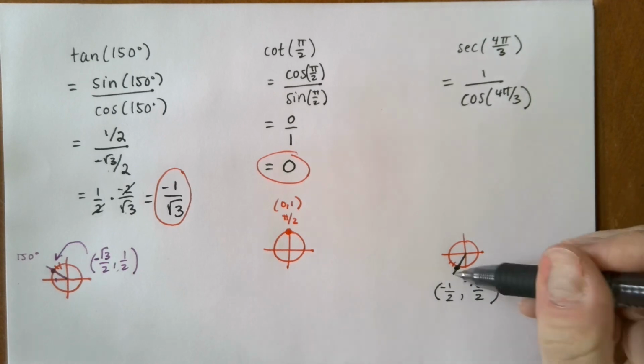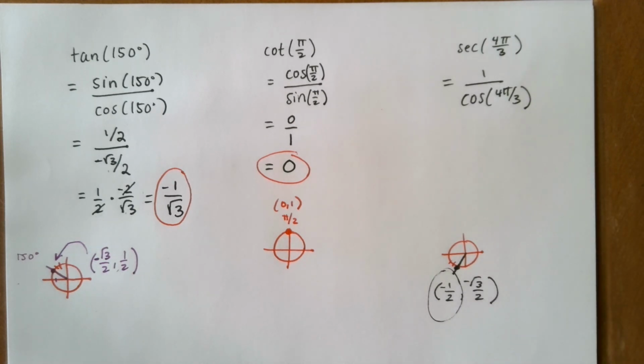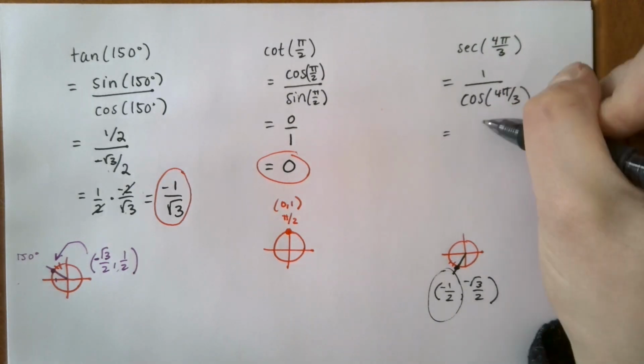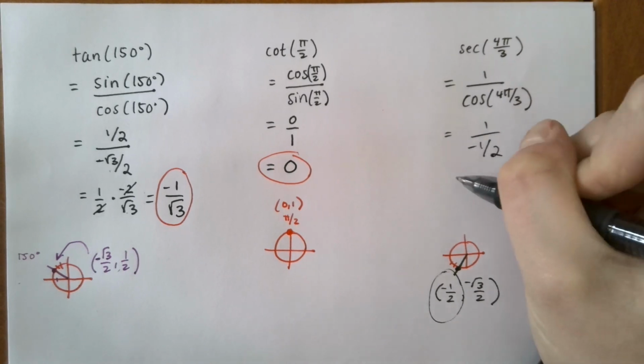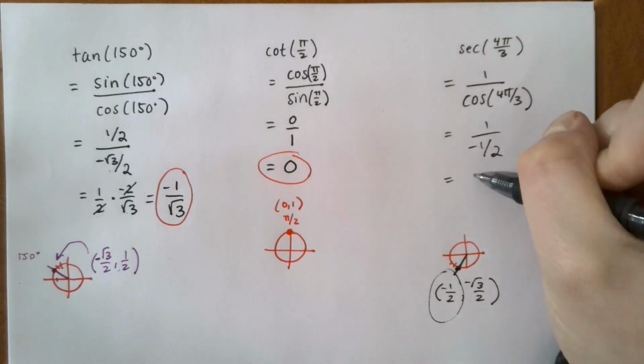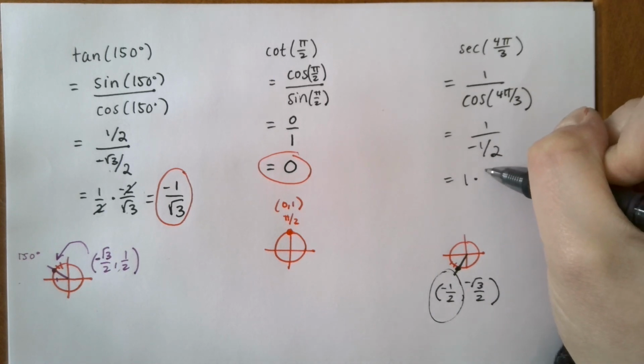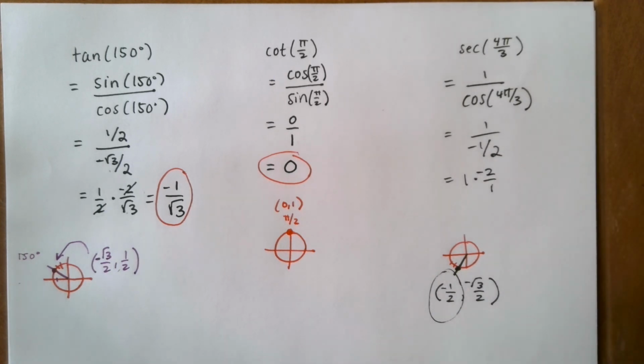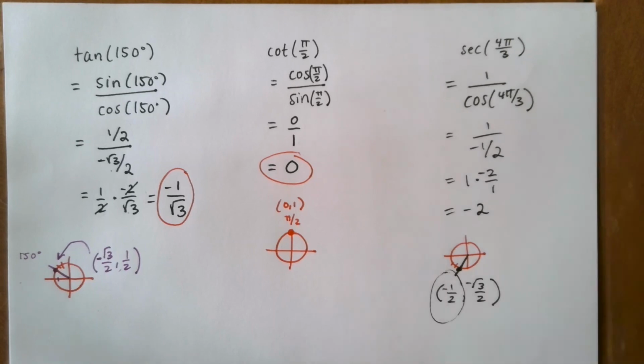So what I really needed was the cosine, so it's just that negative 1/2 that I really care about. That's what I'm going to plug in over here. So 1 divided by negative 1/2 is the same as times 2 over 1. I'll keep that minus sign. So my final answer here is actually -2.